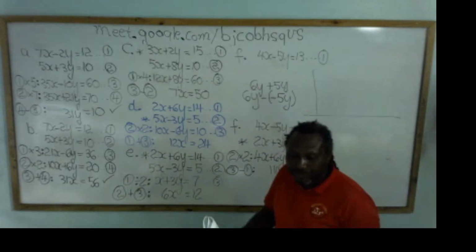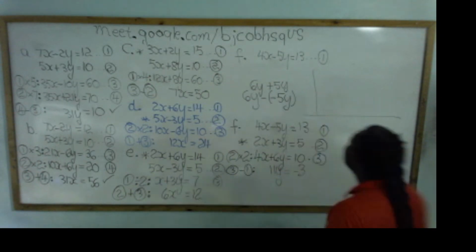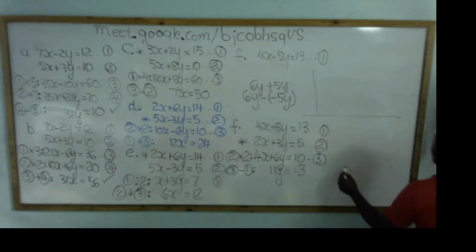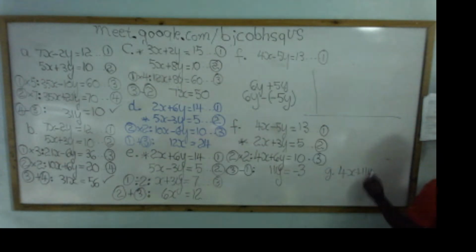Let's do the last one in the elimination. Quick, tell me what I should do with this one. Be quick. 4x plus 11y is equal to 20, and that's equation 1.